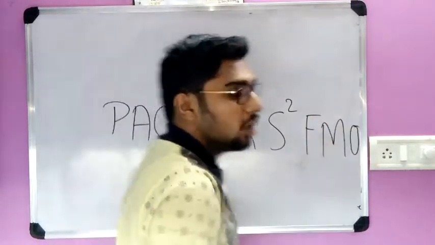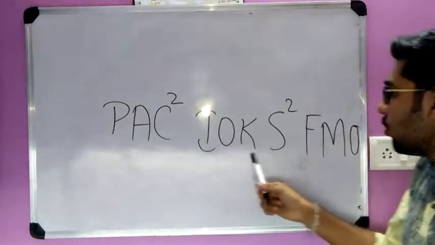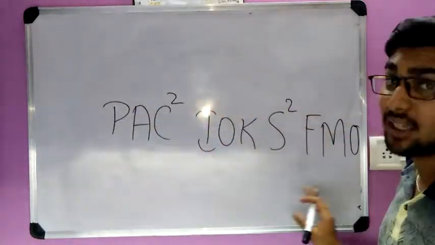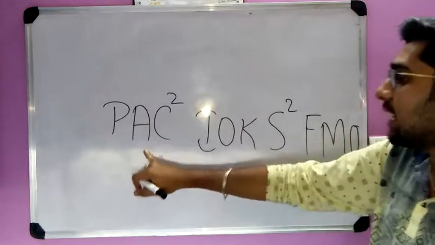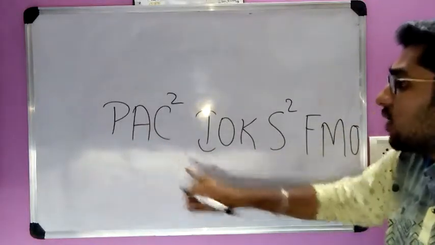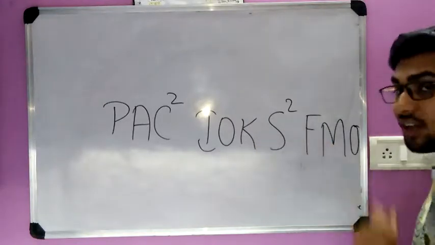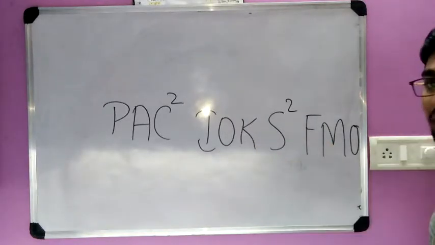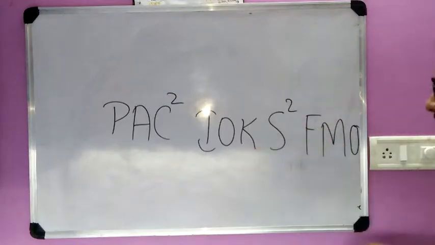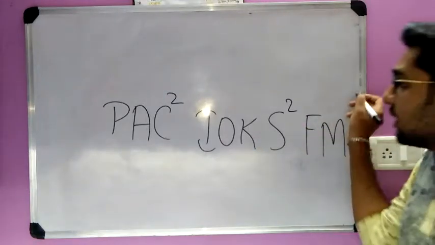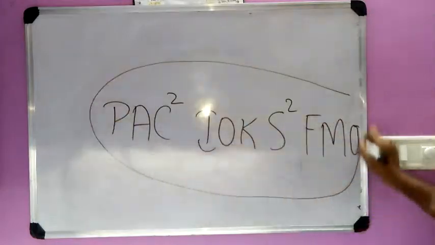Within a minute, I can say the entire substrate list: the pyruvic acid, acetyl coenzyme A, citric acid, cis-aconitic acid, isocitric acid, oxalosuccinic acid, alpha-ketoglutaric acid, succinyl coenzyme A. One more S is there: succinic acid, fumaric acid, malic acid, oxaloacetic acid. With just this, you can write the entire Krebs cycle.